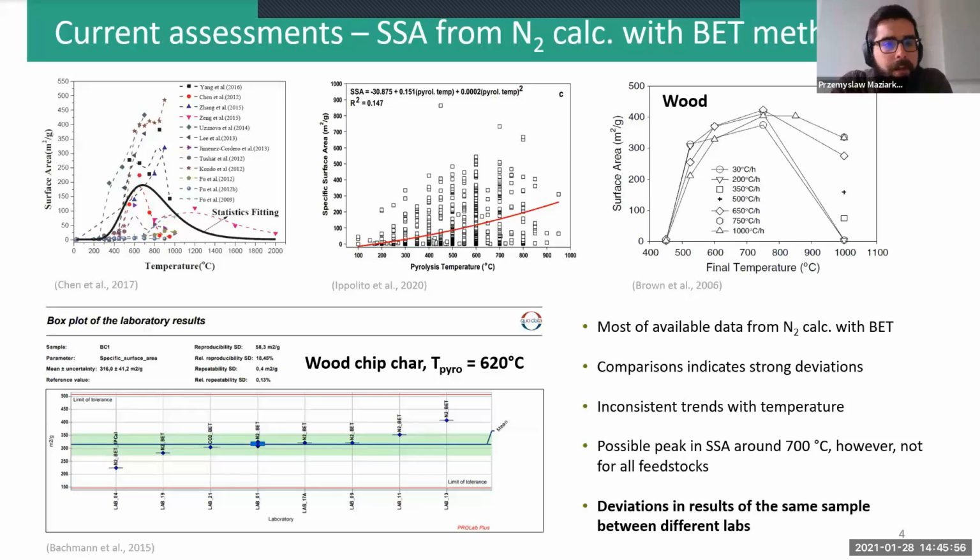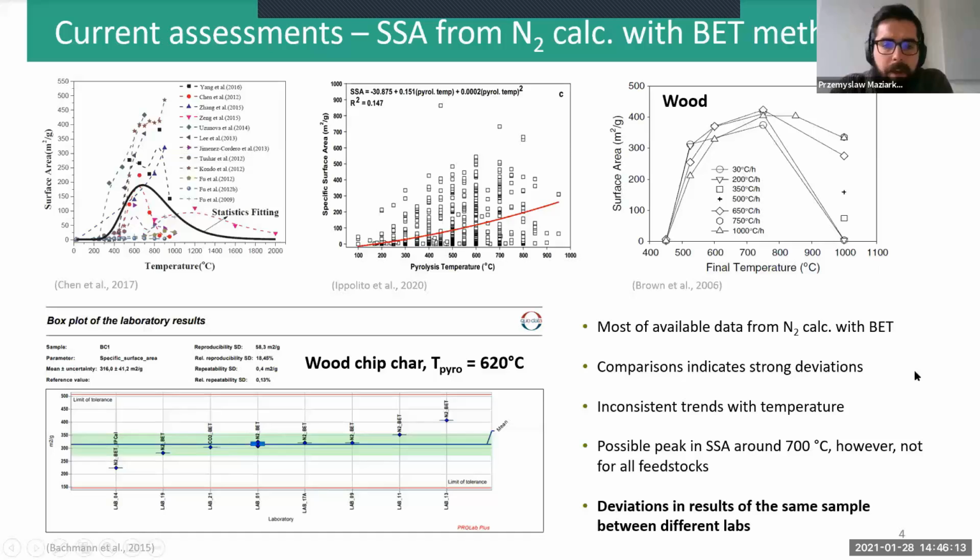Most of the studies also indicate the existence of a peak at 600 degrees, at which the specific surface area of the biochar is the highest, and then with the increase of the temperature, the specific surface area drops significantly.